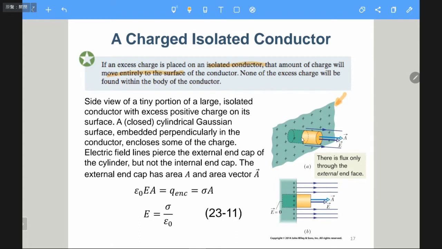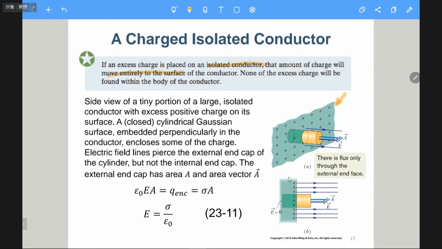It is not really a cylinder that practically exists. We consider this surface as the Gaussian surface, and then we try to calculate the net flux. It does not necessarily need to be an existing object.